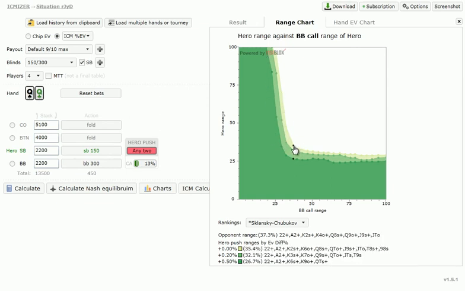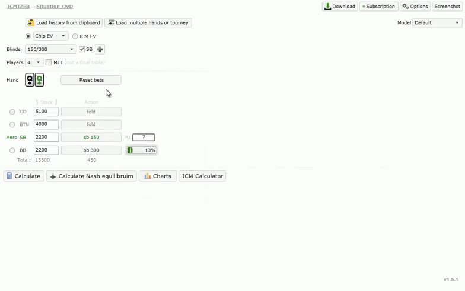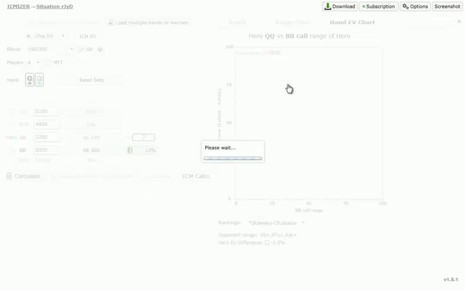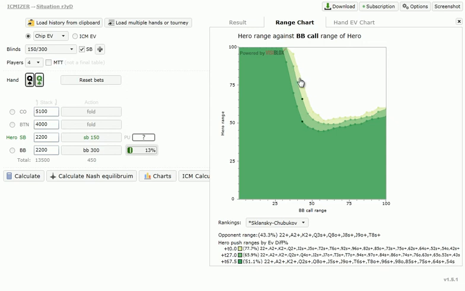And you can see the problem of that spot clearly on the range chart. If you see such a fast drop in hero range, like from 100% to 33% of hands, you know that you have something to think about. And again, if we were in a GPV spot, it wouldn't be so bad.